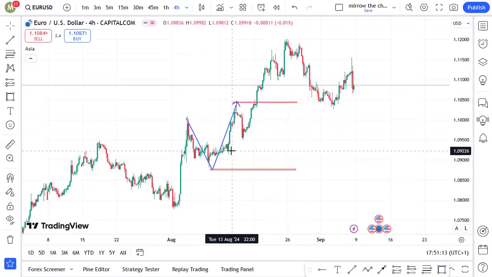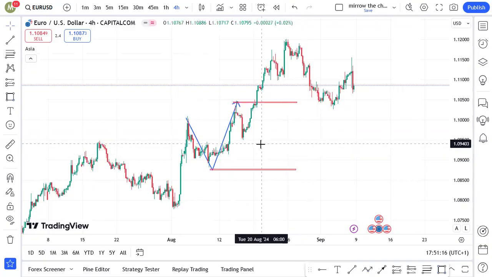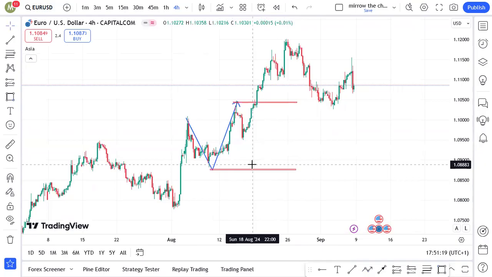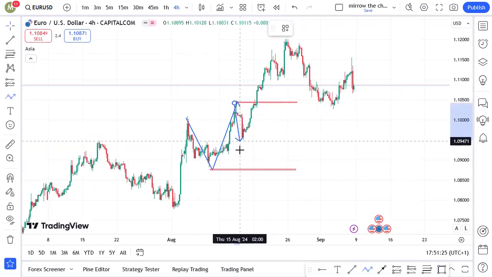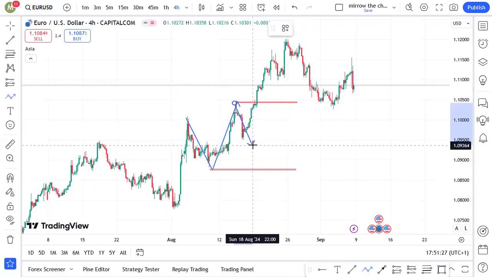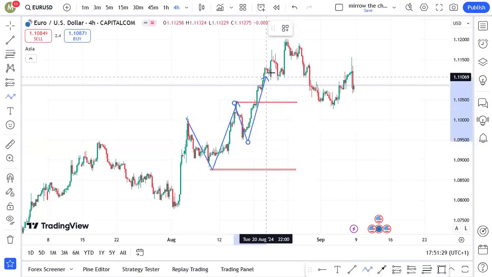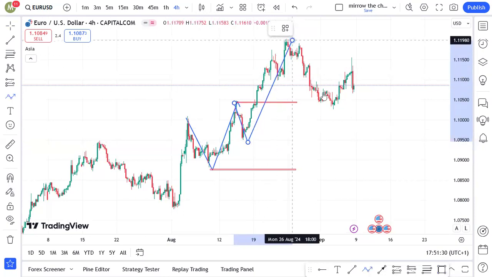Price has not worked with it. This is the range that price is supposed to work with in the near future. And did you see how price came back and worked with that range, reacting to something inside that range structure, and continued up?